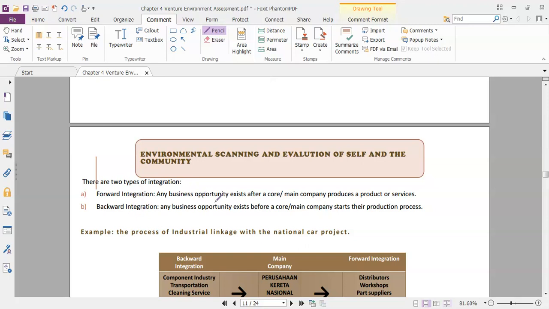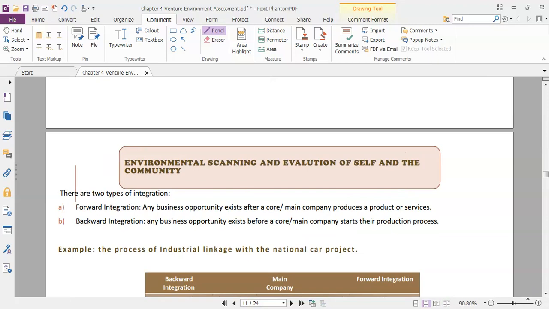Forward integration is any business opportunity that exists after a core or main company produces a product or services. That is what we call forward integration. How about backward integration? Any business opportunity exists before a main company starts their production process.